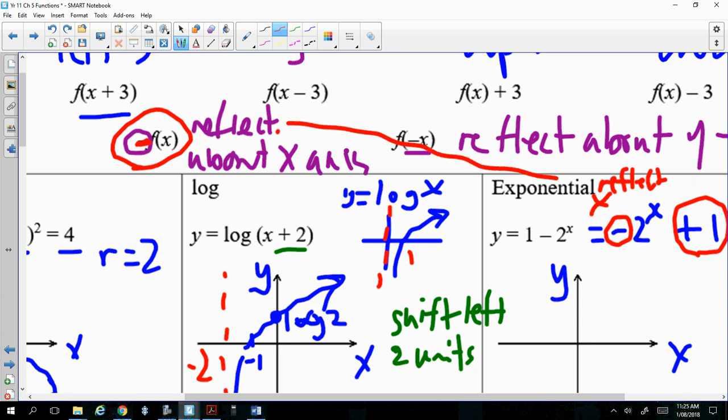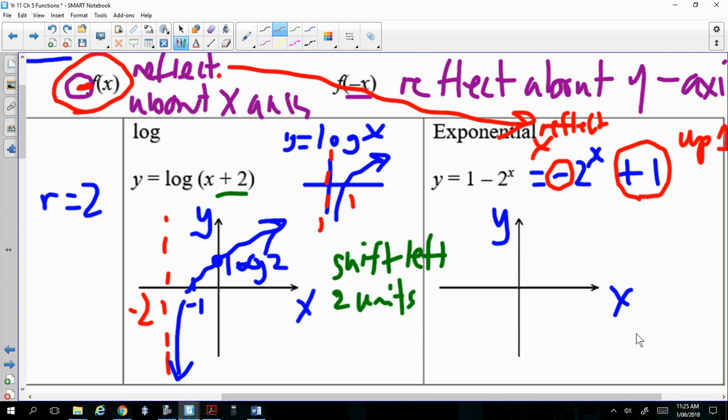So it's going to be here. Right? And then it's going to go like this, passing through the origin. Right? 0. And can indicate a point on there when x is 1, it's at -1. Alright.